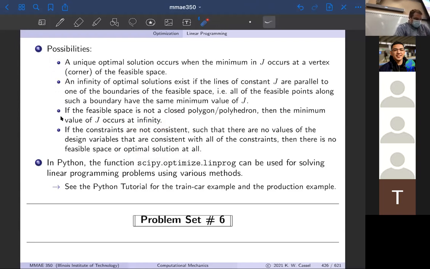In Python, there is a package built into SciPy Optimize called linprog for linear programming that does this. It has all the options in it that you would want in order to do these kinds of problems. If you look at the problem set, the very last problem is a simplex problem, and we're solving it by hand.